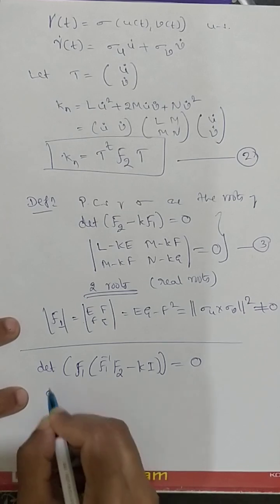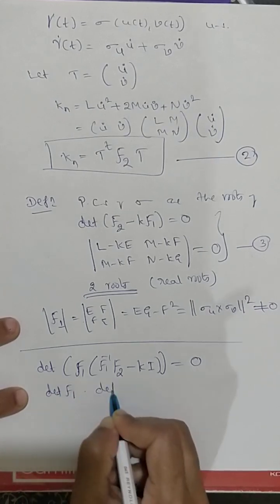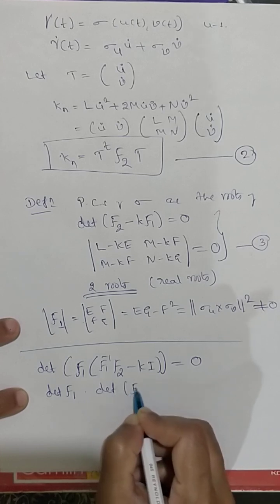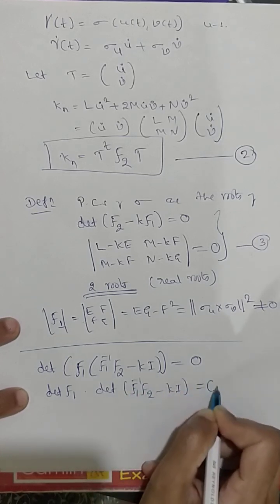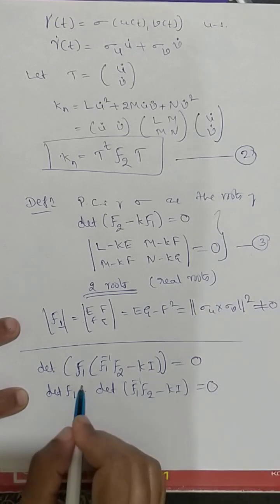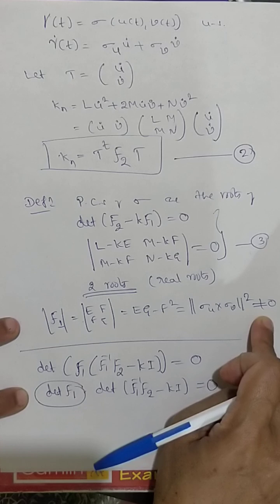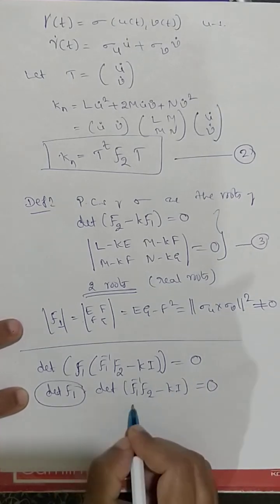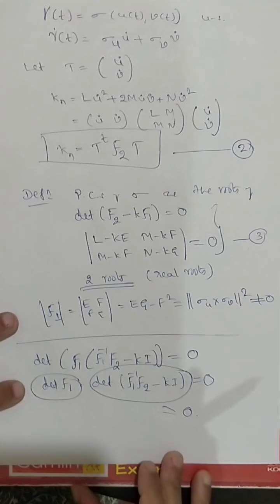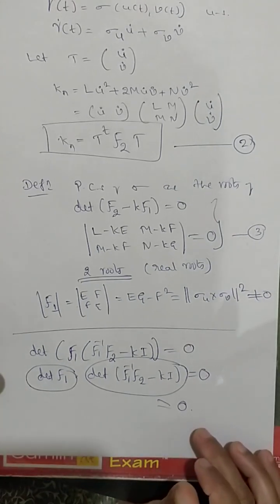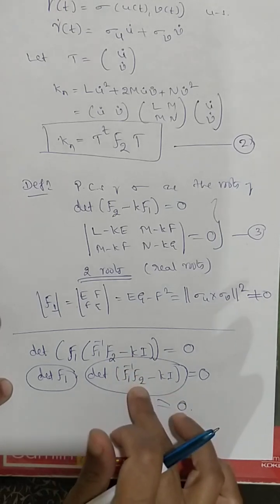It is the determinant of F1 into the determinant of the remaining part, F1 inverse F2 minus K into the identity matrix, equal to 0. But we know that the determinant of F1 is not equal to 0, since it is an invertible matrix. So from this, the other factor must be equal to 0. So the principal curvatures are the eigenvalues of the matrix F1 inverse F2.